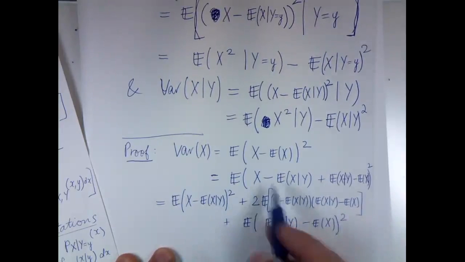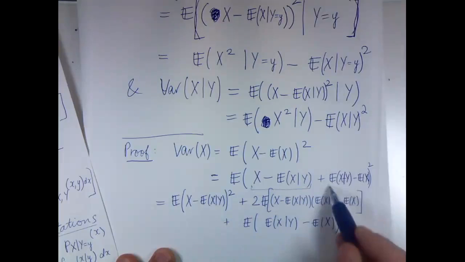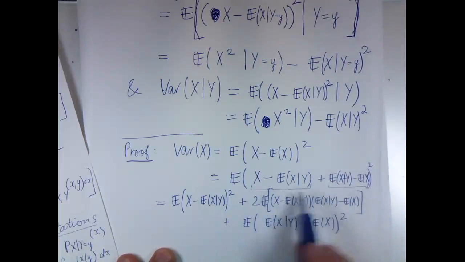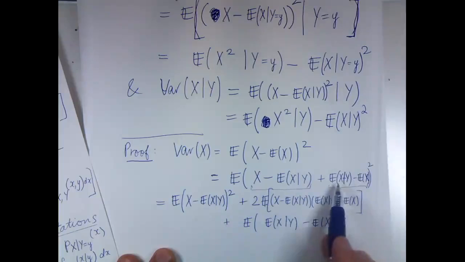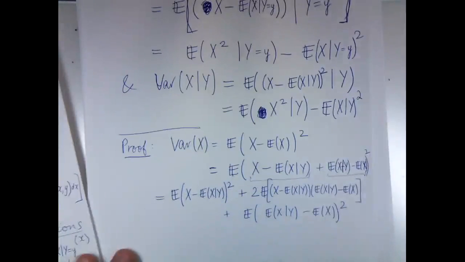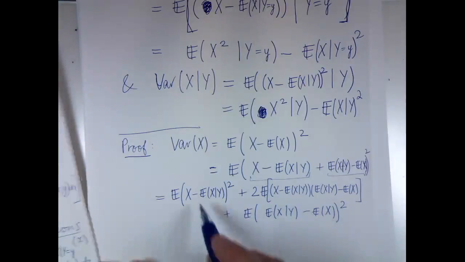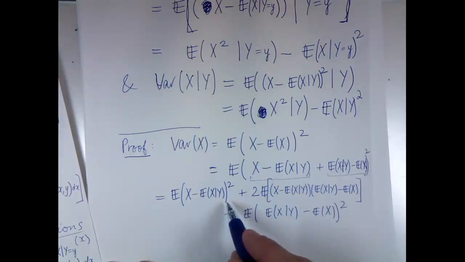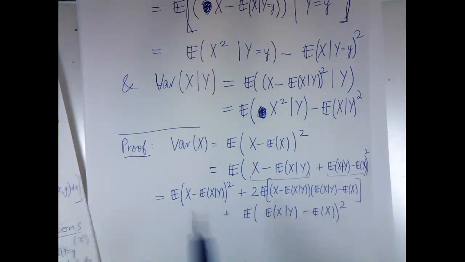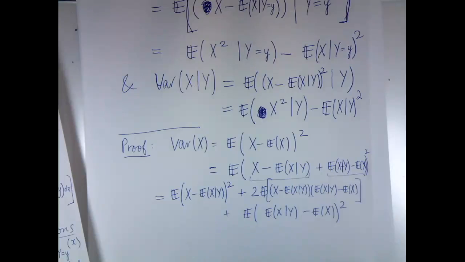So all I've done is take the part that was to be squared, call it a plus b, and say a squared plus 2ab plus b squared. That's the expected value of this thing squared.